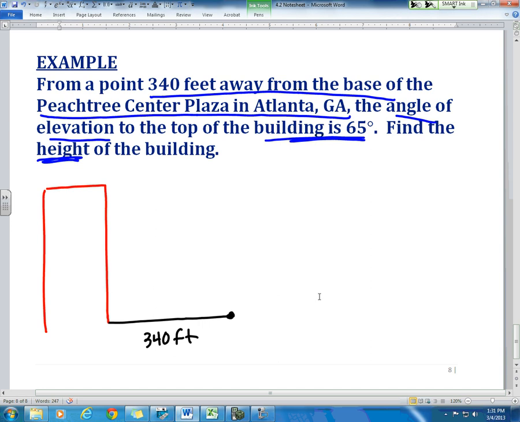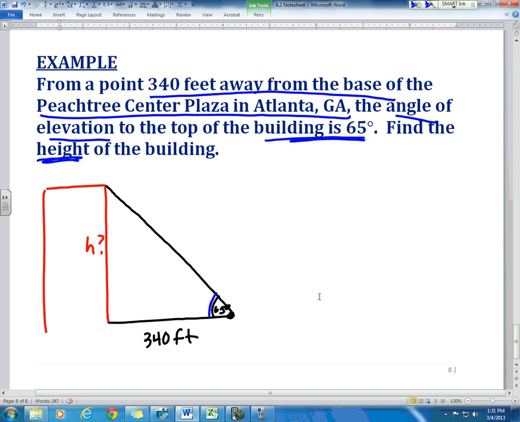The angle of elevation to the top of the building, which is this angle in here, is 65 degrees. I want to know how tall that building is. So I'm trying to find H. That's the missing piece. I don't care about solving the entire triangle this time. I'm after just one thing, how tall that building is.